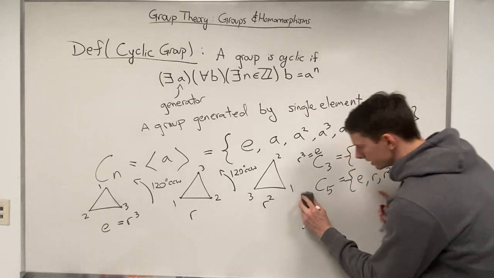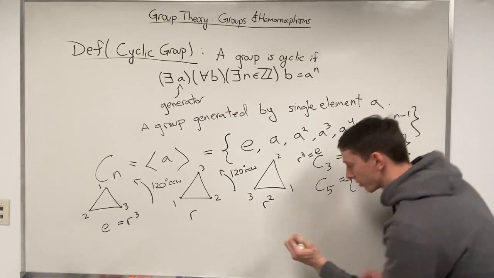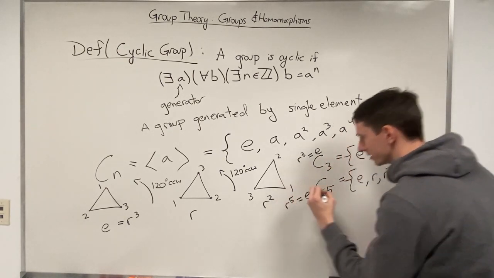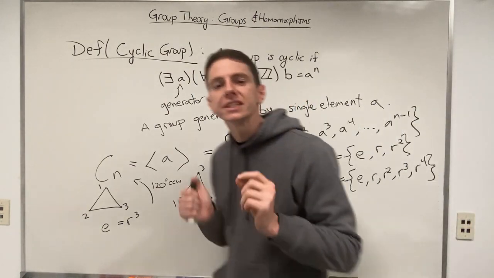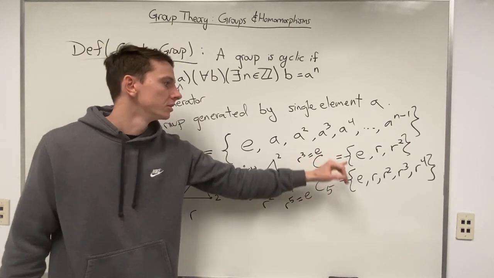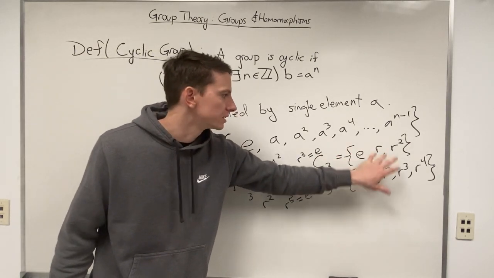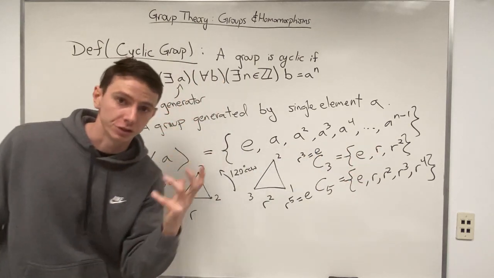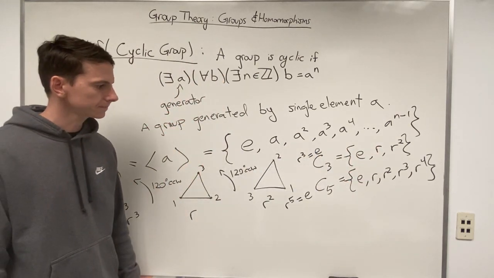Instead, this element R has a different property. It has the property that if we apply it 5 times, then we get back to the identity. So even though we often use the same notation, just know that these are just ways of denoting general elements, and that they don't necessarily need to correspond to the same physical thing.